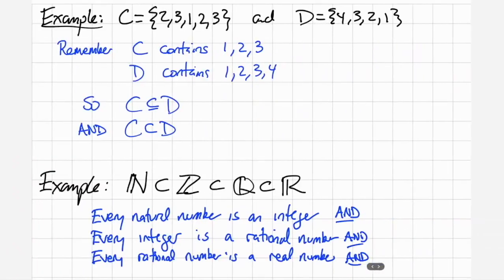So let's look at an example again. We have our example from before, where we had the set C, which contained 1, 2, and 3, and the set D, that contained 1, 2, 3, and 4.